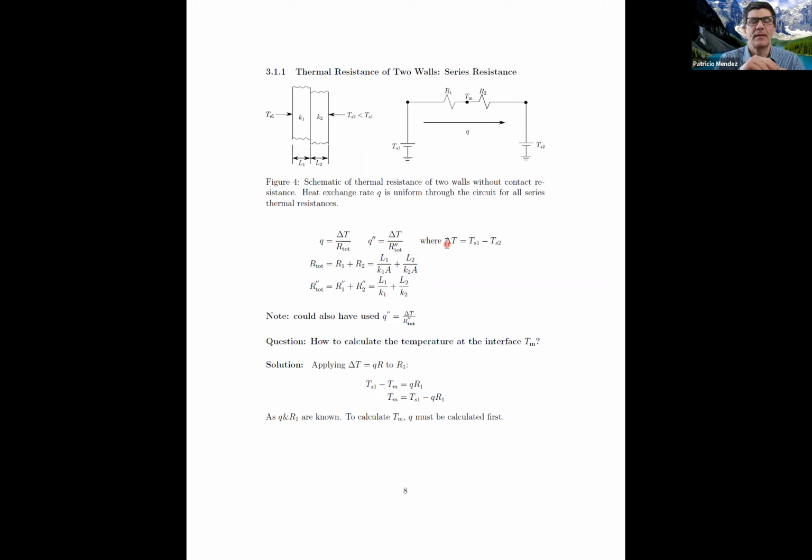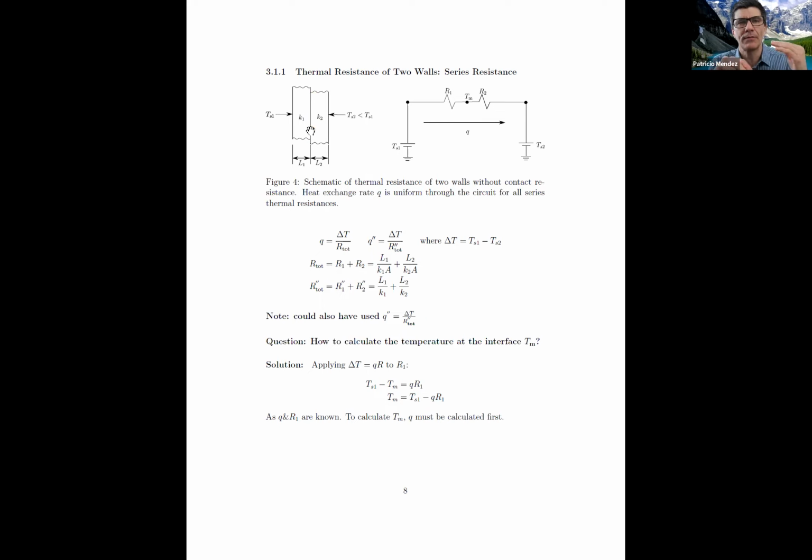So why is the heat flow the same? Let's say we were to put a control volume anywhere in these walls. Let's say a little flat control volume somewhere. Or let's put the control volume right at the interface.